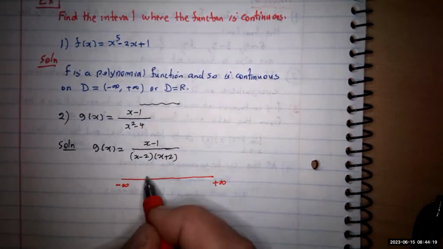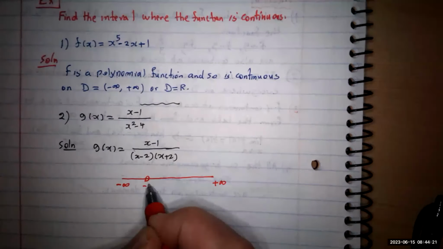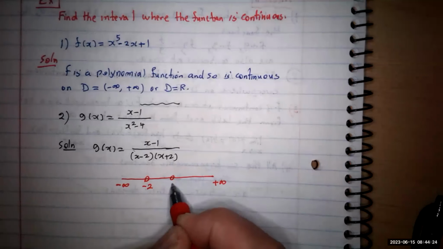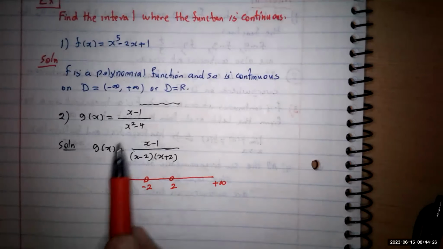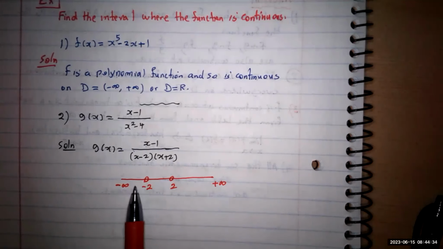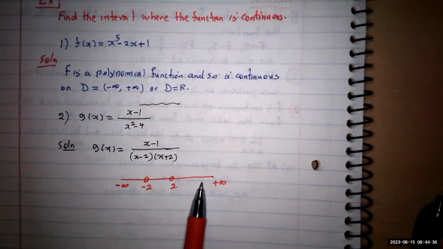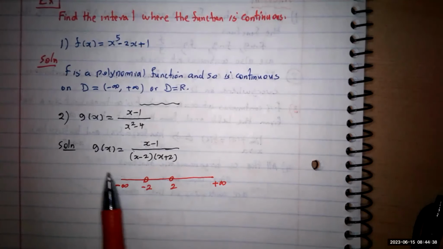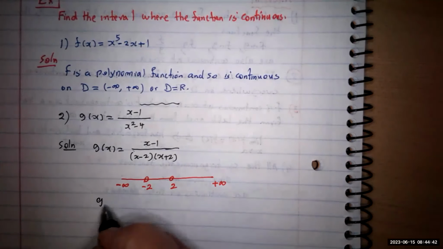You have to exclude two numbers, -2 and +2, because the denominator would be 0 at -2 and 2. So the function is going to be continuous on this interval. It's three portions, 1, 2, 3. So g is continuous.